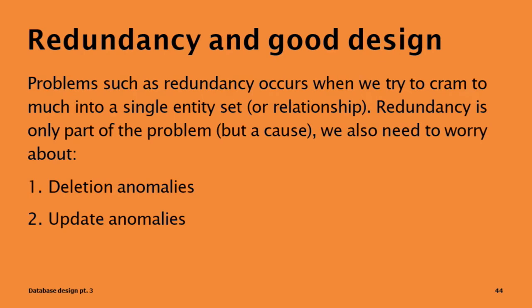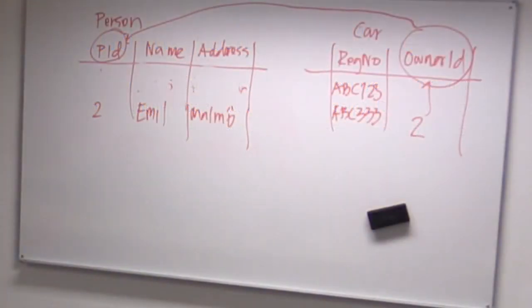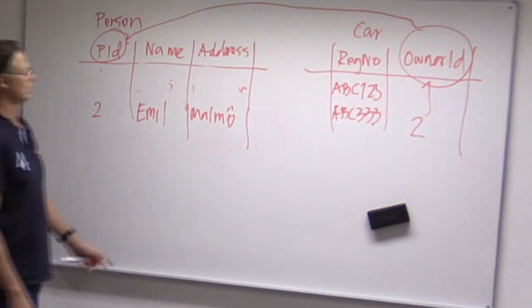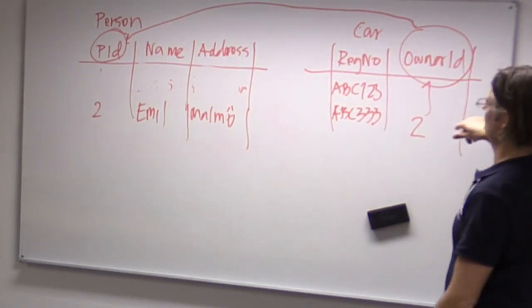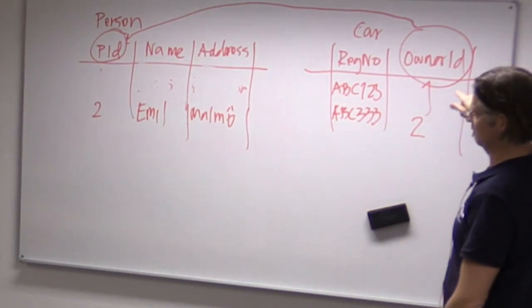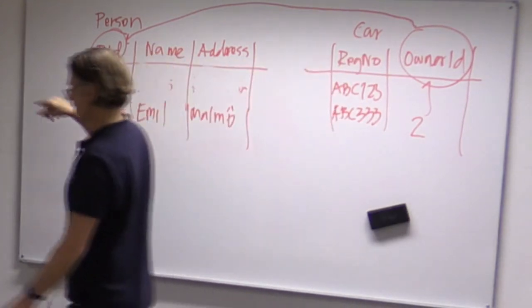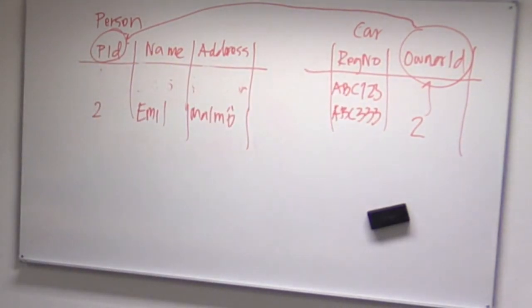Okay. This is part of what we have been talking about, that redundancy, the deletion anomalies and the update anomalies. Let's go back to this thing again. This is a deletion anomaly when we are talking about referential integrity. When we're talking about redundancy is when you start to remove things that you shouldn't.